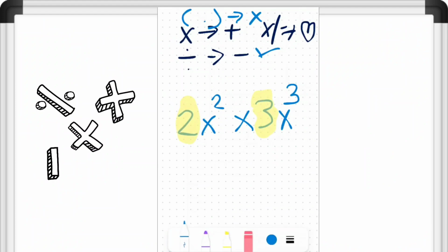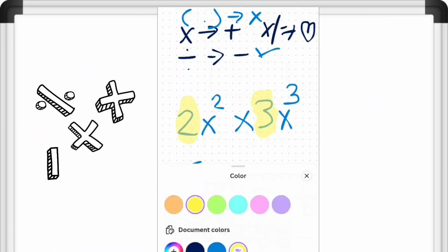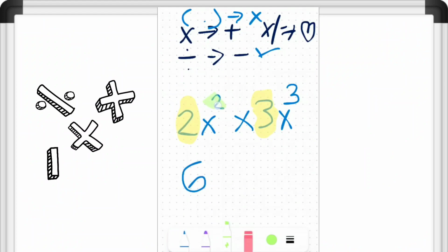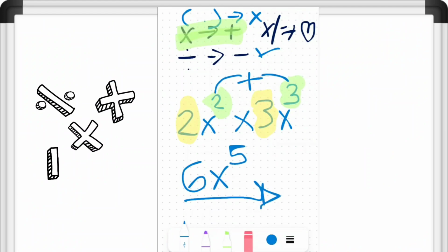So in this case, 2 times 3 would give me 6. Now, when I work with my exponents, when I multiply them, I have to plus them. So my answer is going to be x to the power of 2 plus 3. These two plus with each other, so that gives me 5. And that is your final answer.